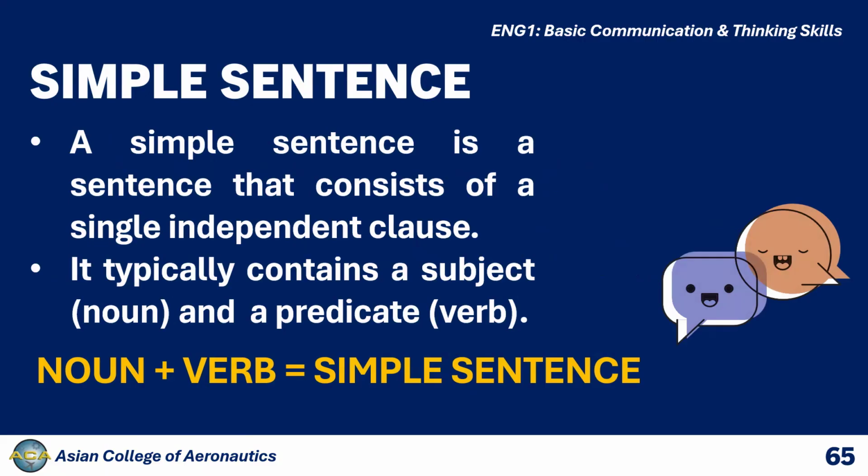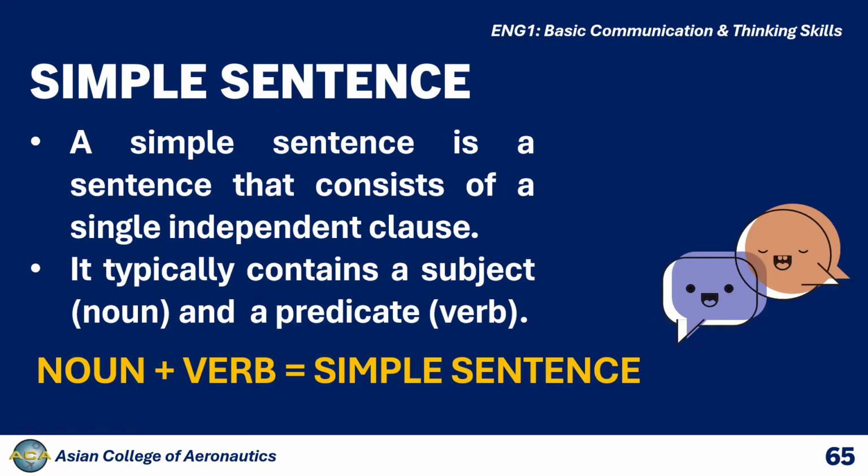According to the presentation, a simple sentence is a sentence that consists of a single independent clause. So basically, when we say simple sentence, it is the other term for independent clause. A simple sentence is a composition of a single independent clause and typically includes a subject, or in other words, a noun, and a predicate, which is the verb.